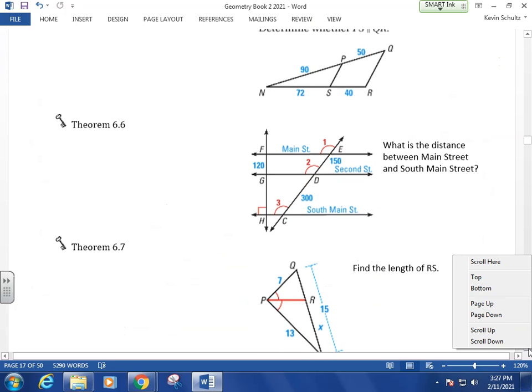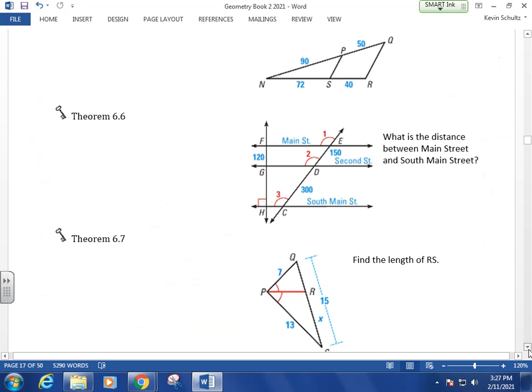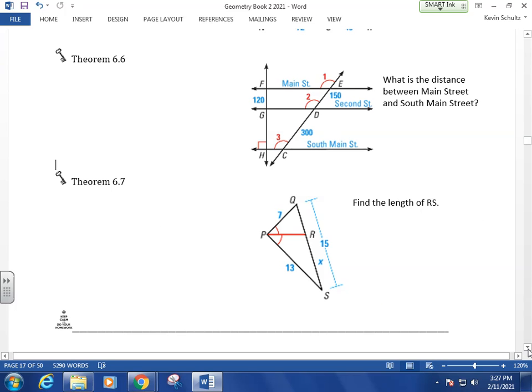Theorem 6.6 says that if three parallel lines, and let's identify our parallel lines here, these three horizontal lines are all parallel.